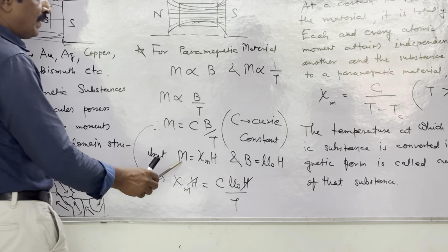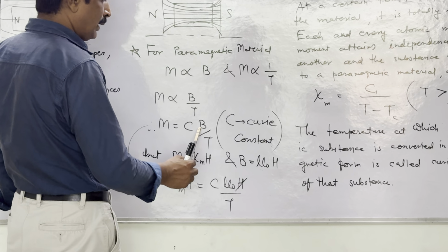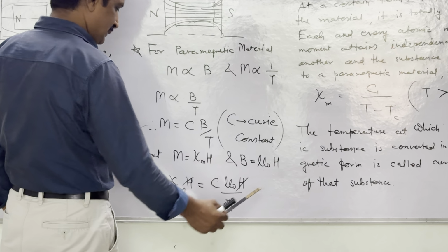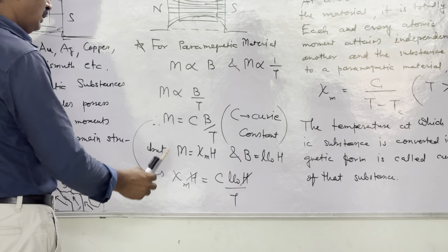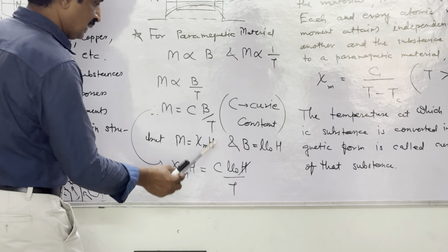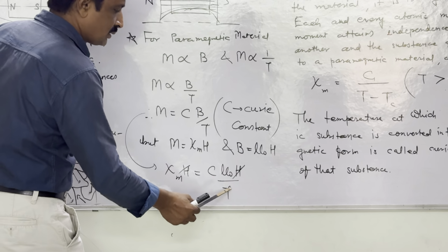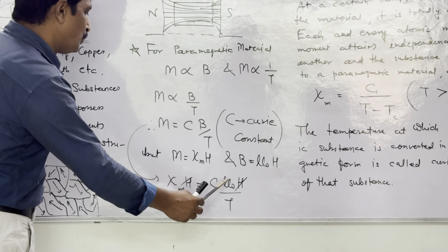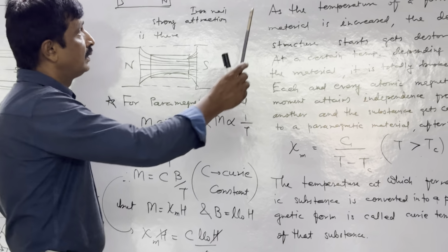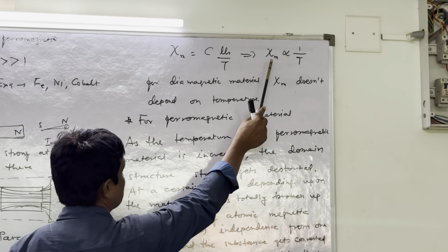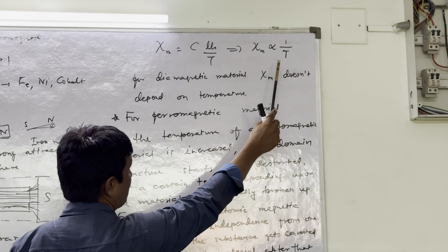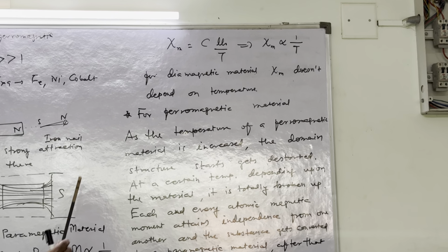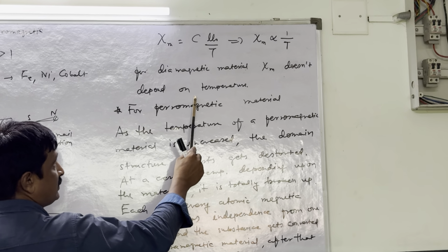But we know that M is chi m H and B is mu naught times H. If we replace here, M is chi m H, C is as it is, B is mu naught H upon T. Cut. So chi m is C mu naught by T. That is, chi m is inversely proportional to temperature. For diamagnetic material, chi m almost does not depend on temperature.